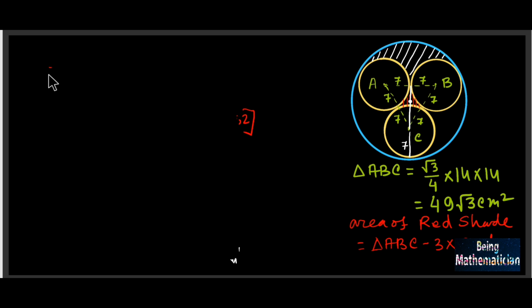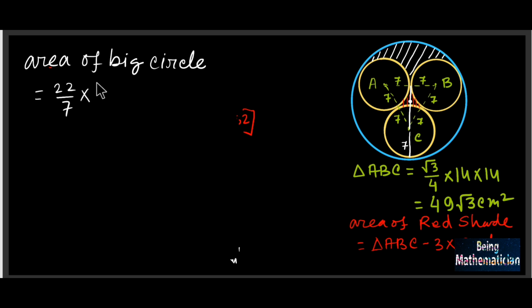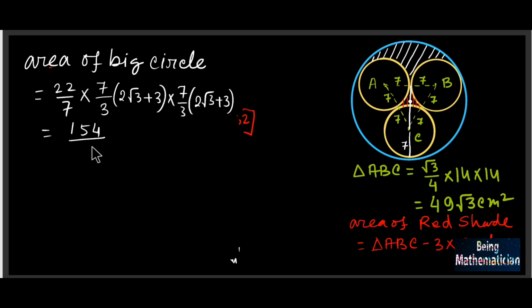Now let's calculate the area of big circle. Area of big circle is equal to 22 by 7 into 7 by 3 into 2 root 3 plus 3 into 7 by 3 into 2 root 3 plus 3. Now it simplifies as 154 by 3, 7 plus 4 root 3 centimeter square.